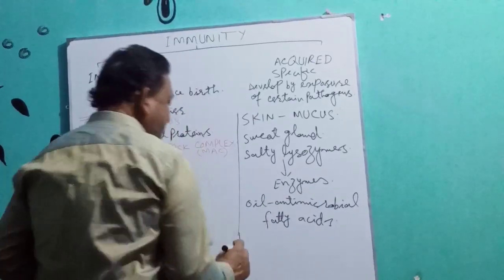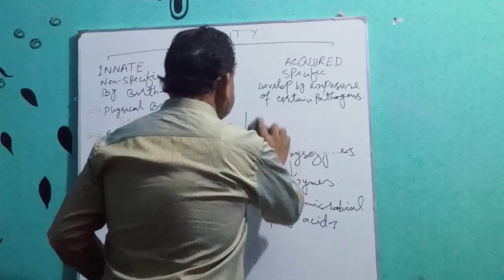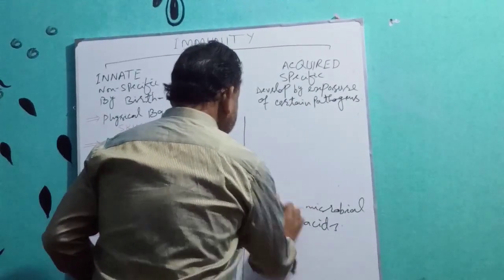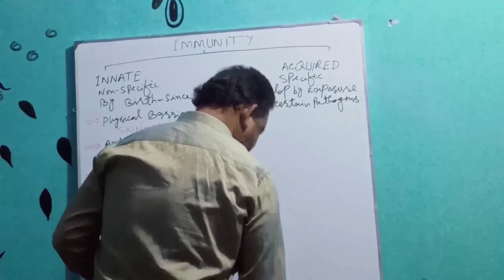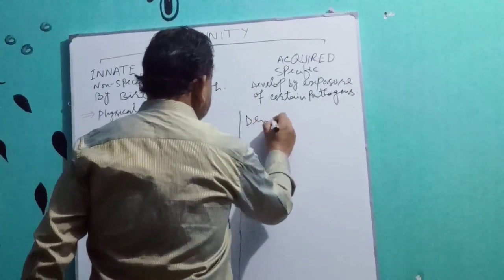Skin also contains some cells, and one of the cells is the dendritic cells.